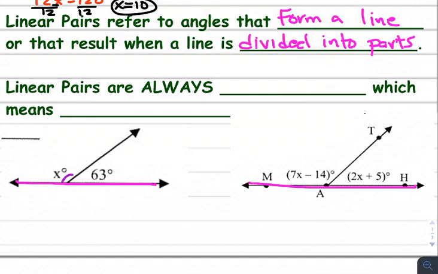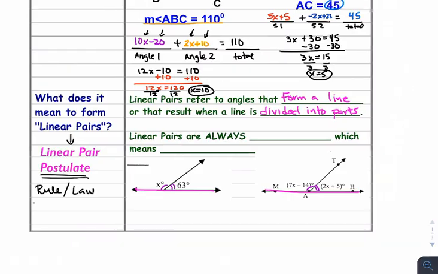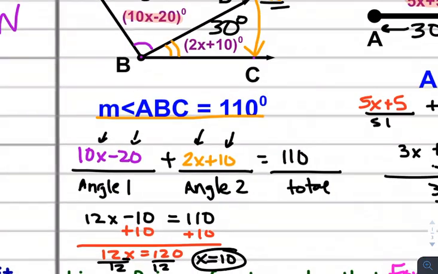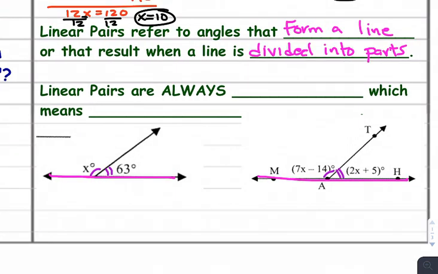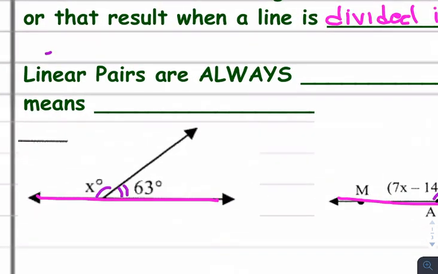And so this is very much like the angle addition postulate, except the total is not something that's going to change a lot, because what we find, since we have a straight angle, and an angle is always equal to 180 degrees, is that linear pairs are always what we call supplementary.